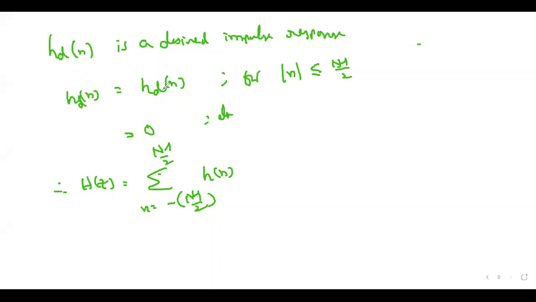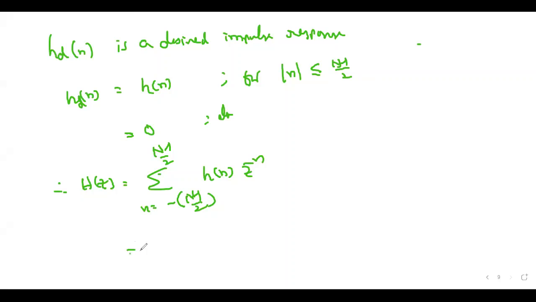Sorry, I wrote it in reverse. h of n is equal to h of n in this duration. For the remaining values outside this range, h of n is equal to 0 only. So we have, in this range, h of n into z power minus n.